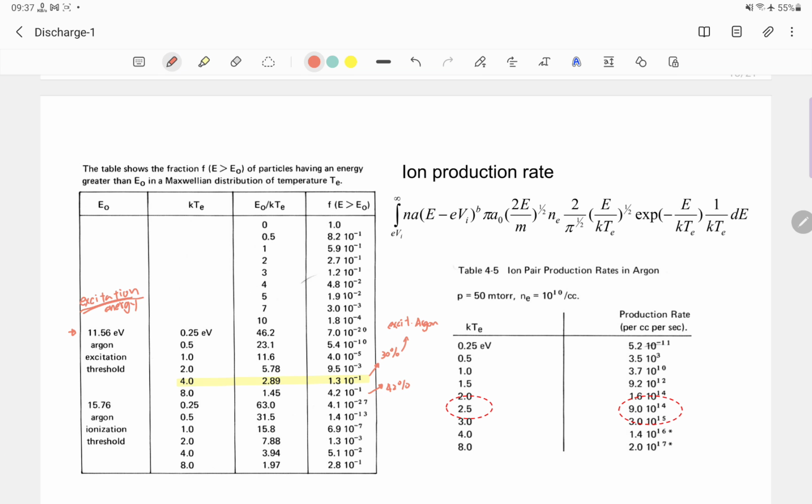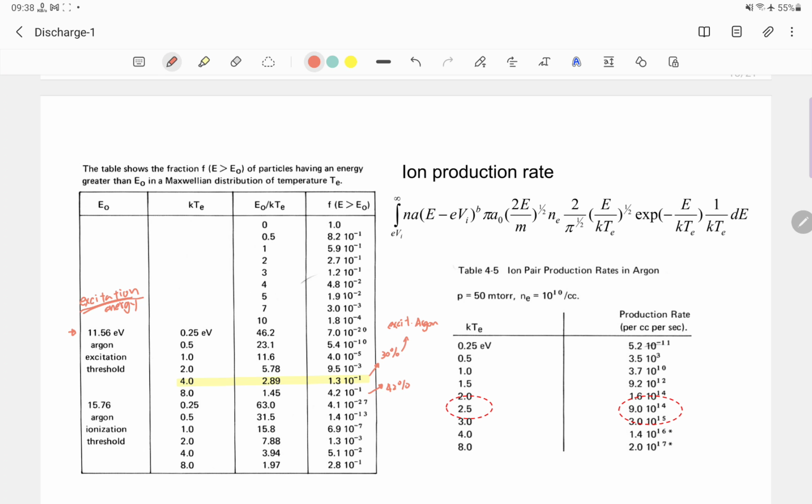So the 5% of the electrons can ionize atoms and generate electron and ion pairs. And if the electron energy is 8 electron volt, then 28% of the electrons belong to the high energy tail.